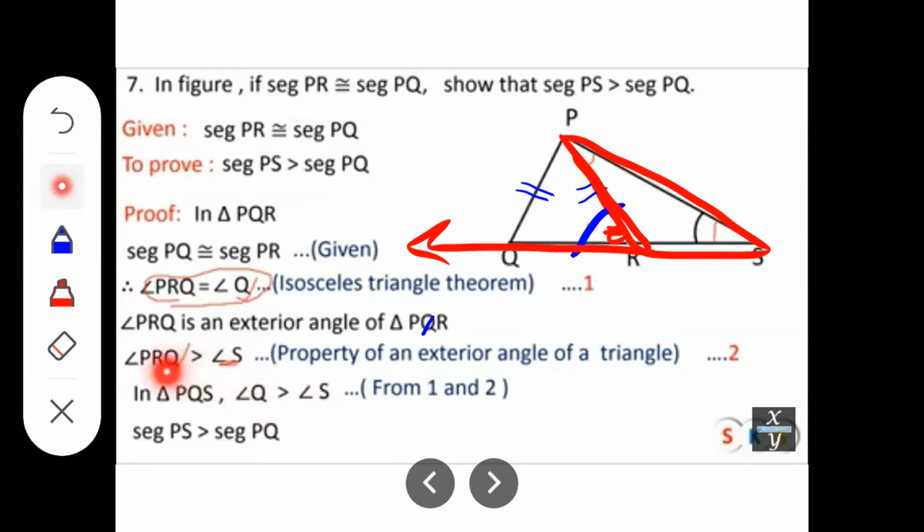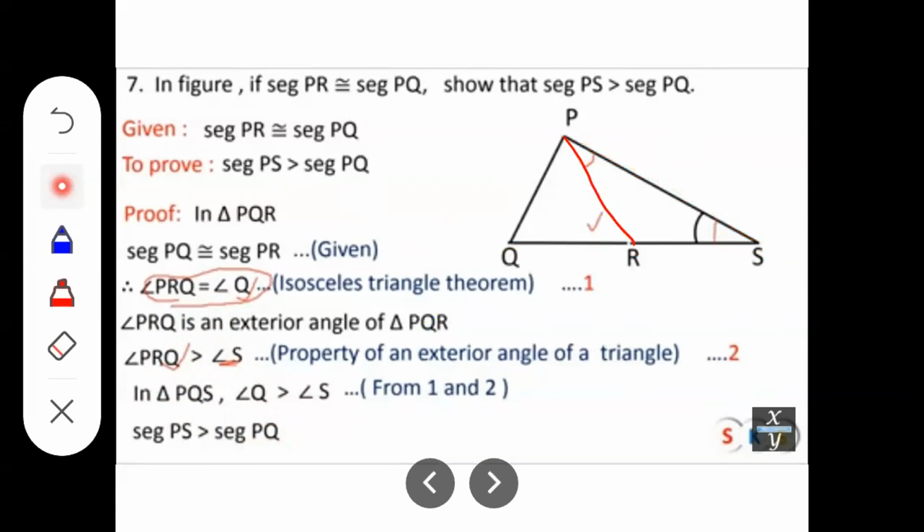So in equation 2, I replaced the first angle R with angle Q, because in equation 1 both the angles are equal. So angle Q is greater than angle S.